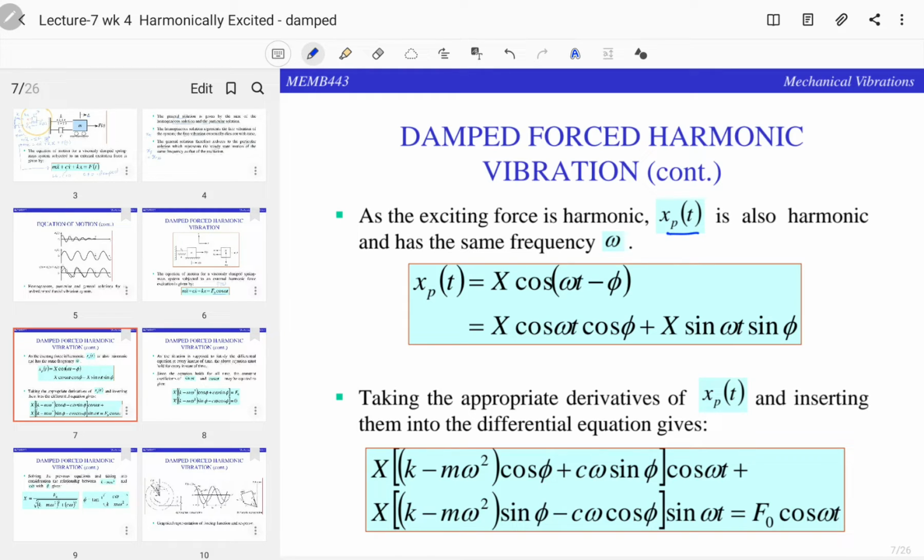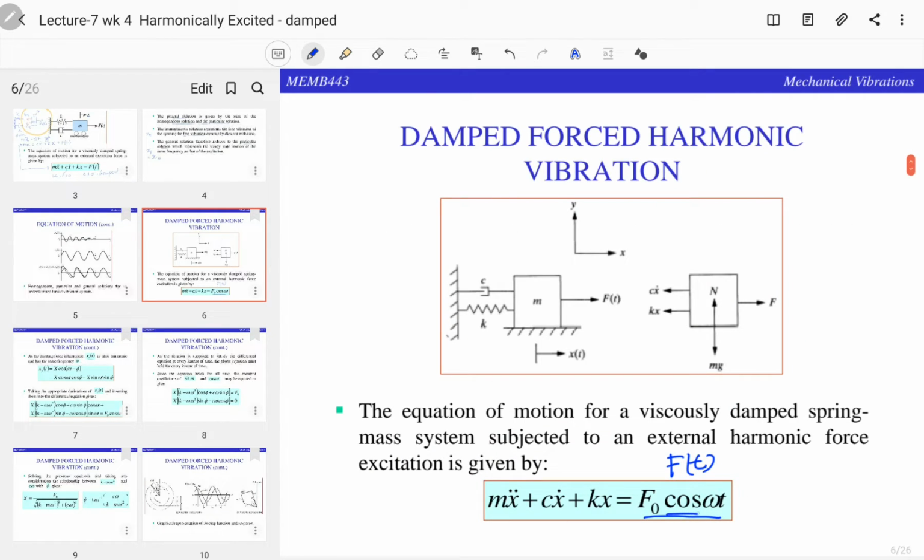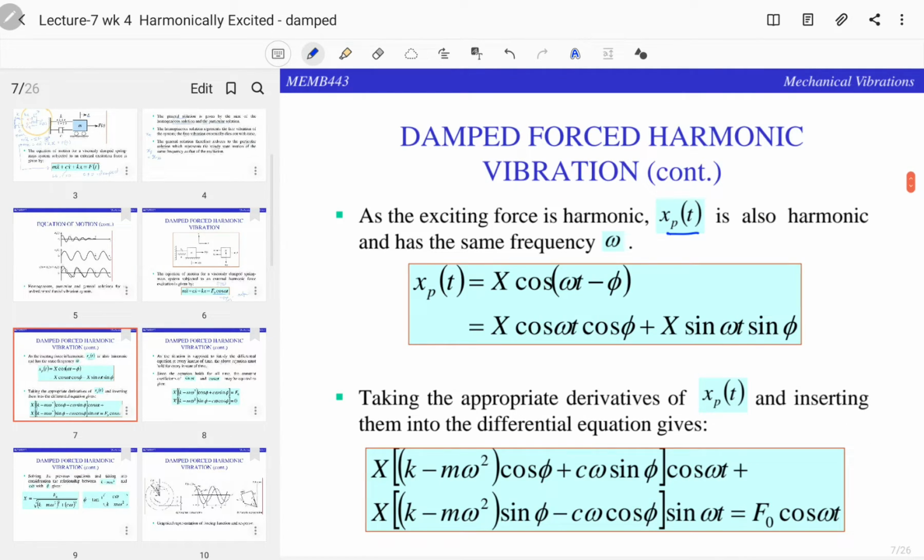As I mentioned in the previous lecture, if the input is cosine, then the output should also be cosine. Quite similarly, in this case the input is cosine, so your output will also be cosine.